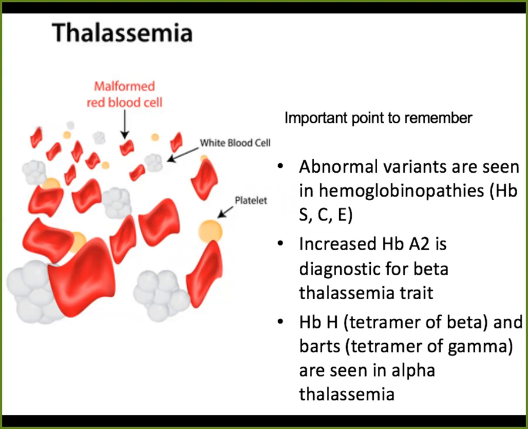But these molecules are abnormal. They lead to fast destruction of red blood cells. They lead to sedimentation of red blood cells in bloodstream, and as a result, abnormal forms of hemoglobin lead to anemia.